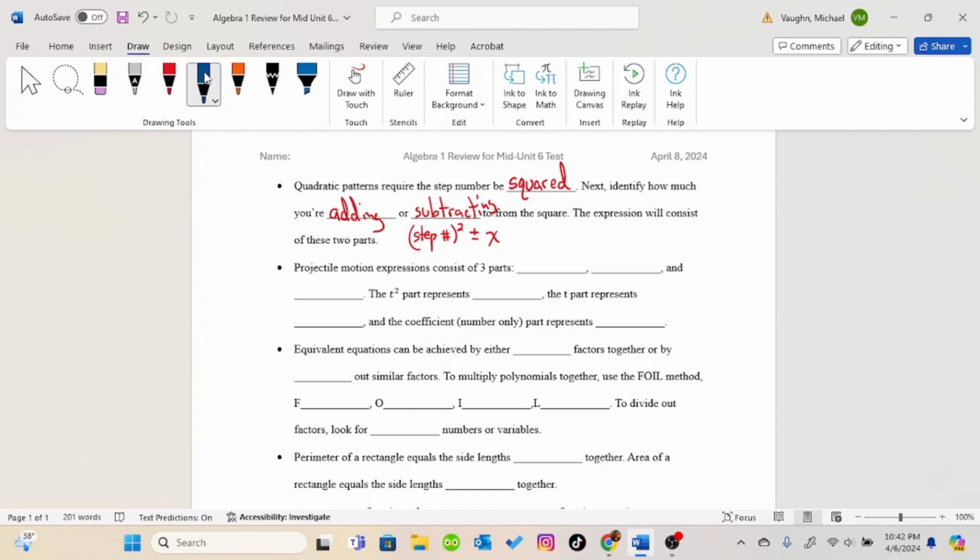Projectile motion expressions consist of 3 parts. You have gravity, you have the initial velocity, and you have the initial height.